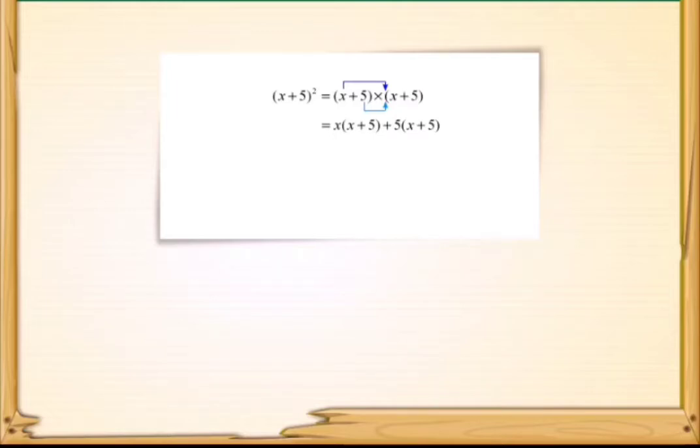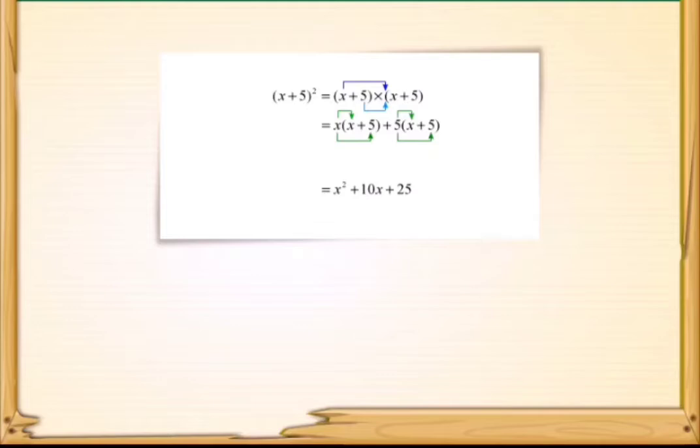Next, multiply x by x and then by 5, and multiply 5 by x and then by 5. On solving this, you get x squared plus 5x plus 5x plus 25. Now add the like terms in the middle of the expression to get x squared plus 10x plus 25.